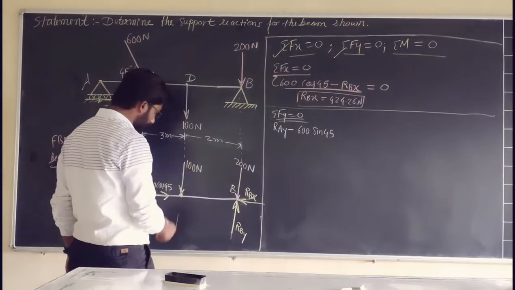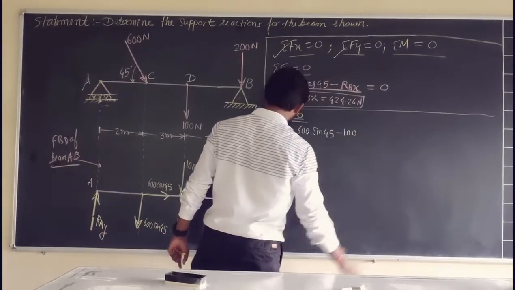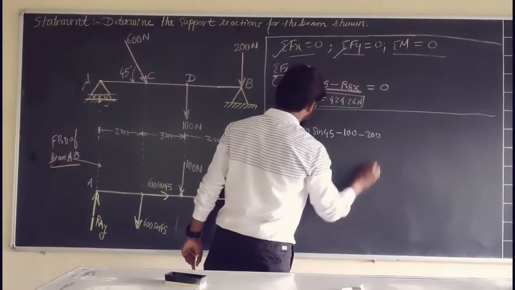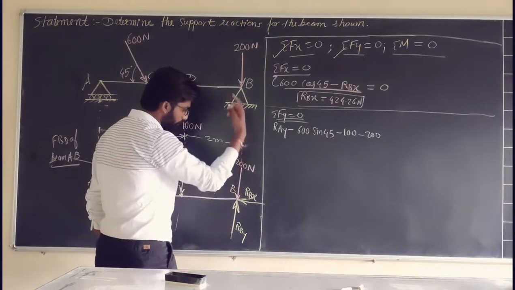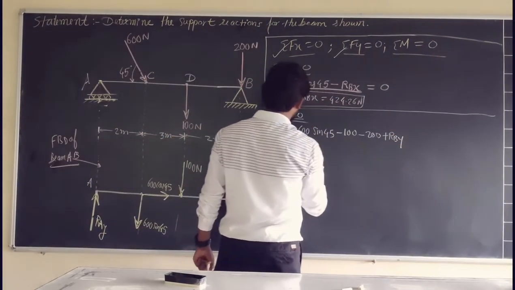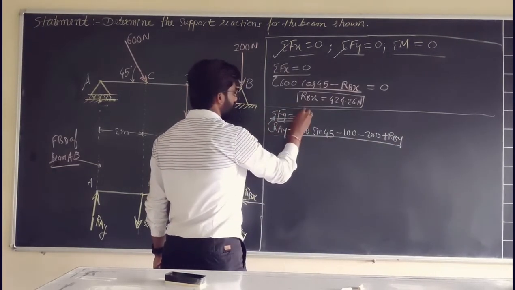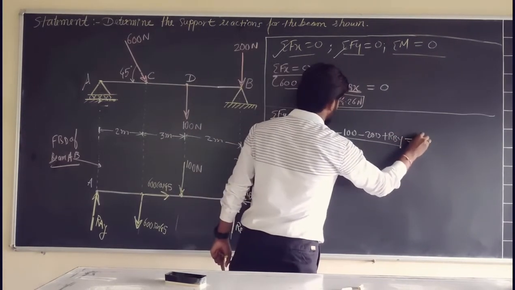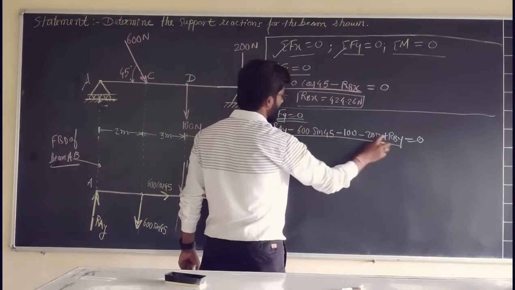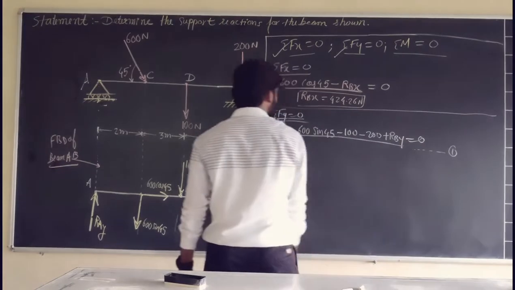Then we have this 100 Newton force acting downward, so minus 100, and this 200 moving towards the negative axis, so minus 200. With that we have RBY moving towards positive y, so plus RBY. This whole thing is summation of Fy, which you equate with 0. In this equation we have two unknowns, RAY and RBY, so we can't solve it yet. We'll call it the first equation.